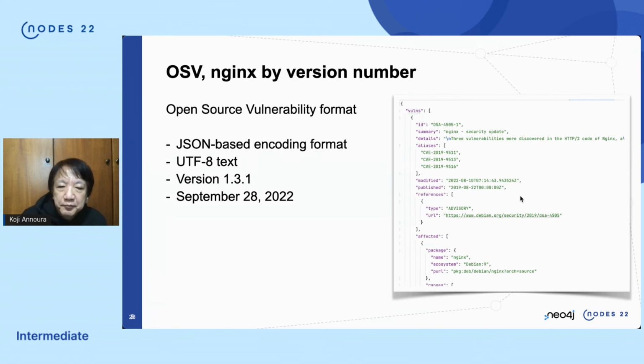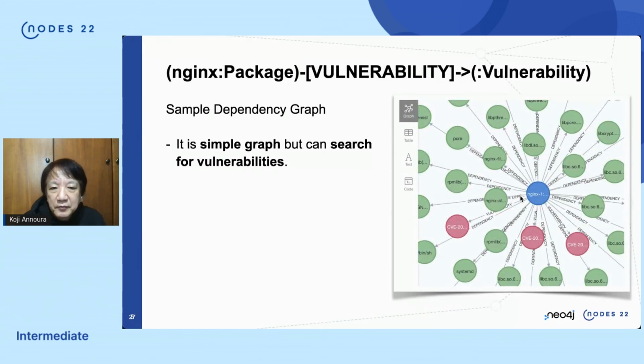So I add the vulnerability information into Neo4j. Okay. I create new vulnerability nodes and a new vulnerability relationship. So this Nginx has 3 CVE codes.